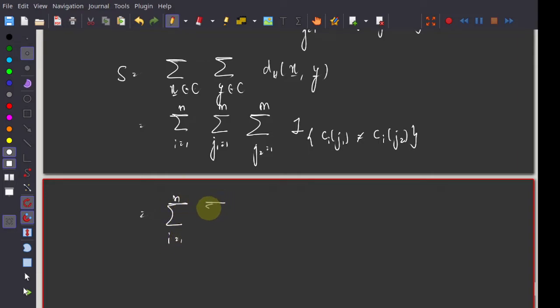Summation over i, summation j1 equal to 1 to m, j2 equal to 1 to m. So now I look at all those coordinates for which this is equal to, say, alpha in the field, indicator.